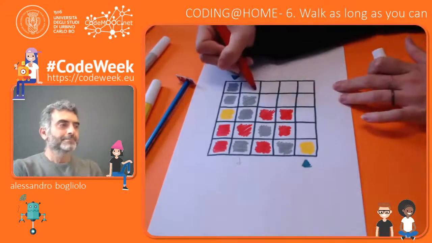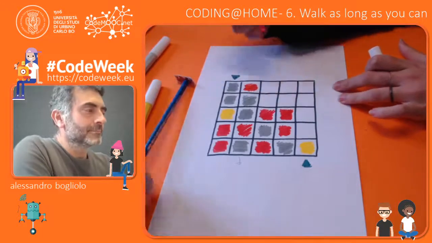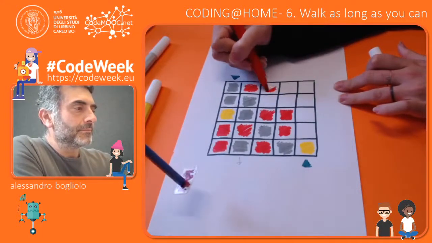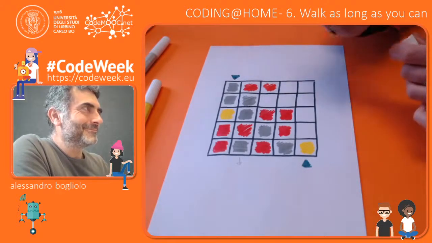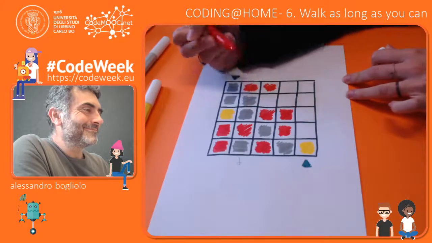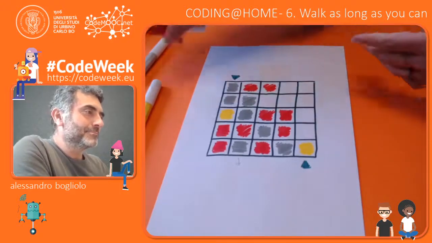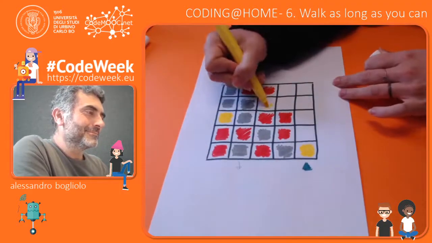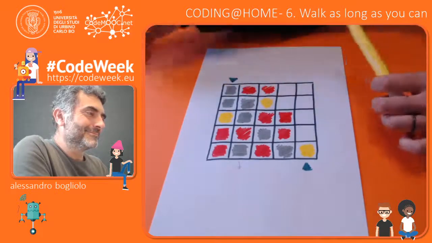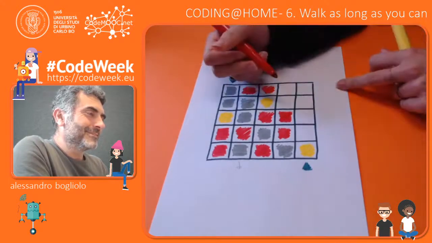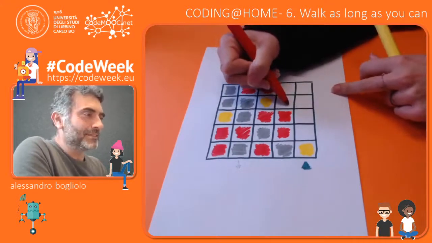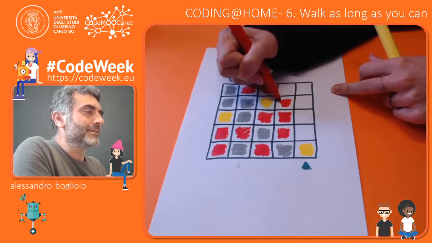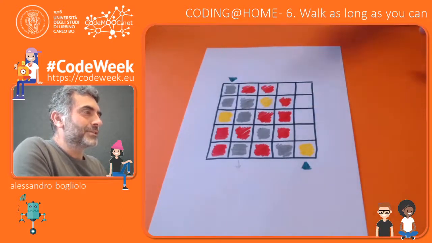Okay. This way? No. As you like. Why not? Yeah, I think that a red makes the path long enough and then you finish.